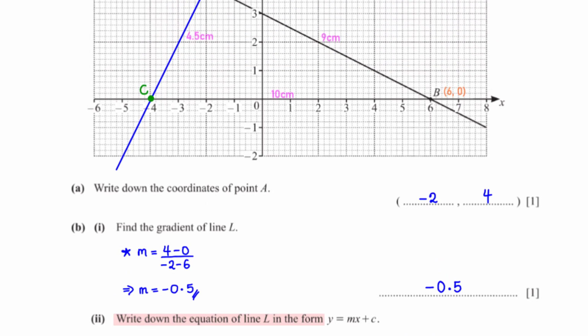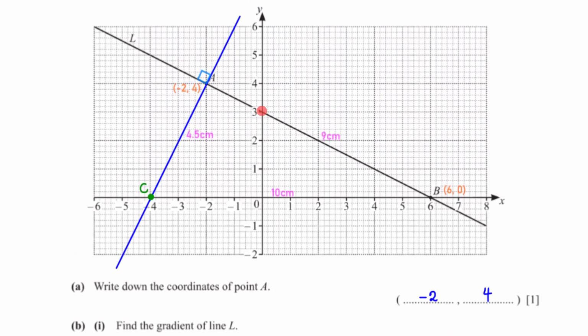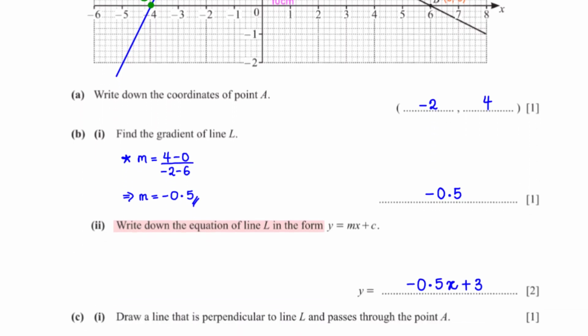We can easily get the value of c by picking the value on the y-axis through which line L passes. This value is 3. So we have y equals -0.5x plus 3.